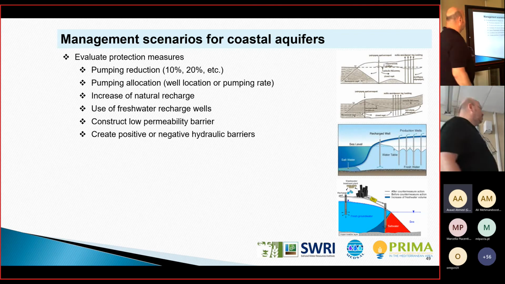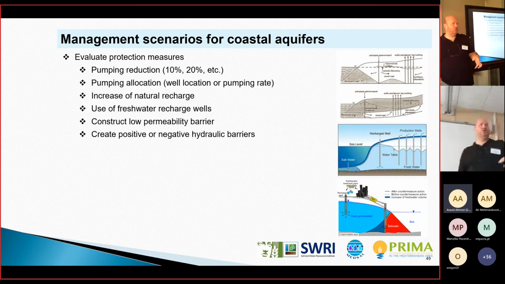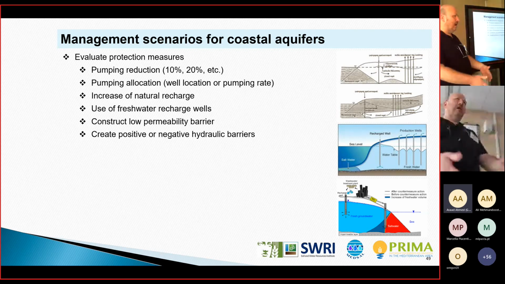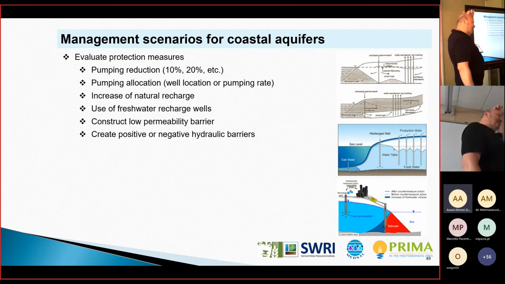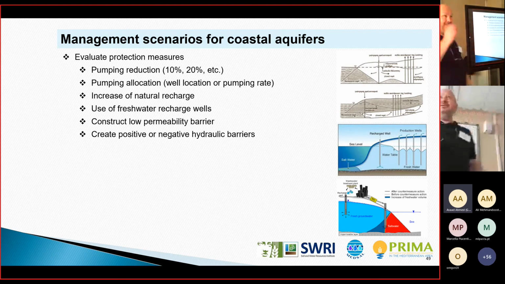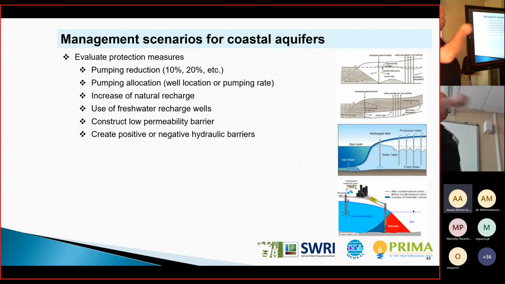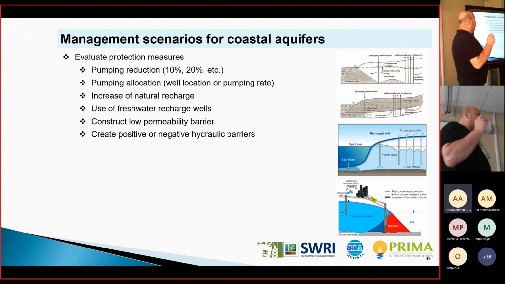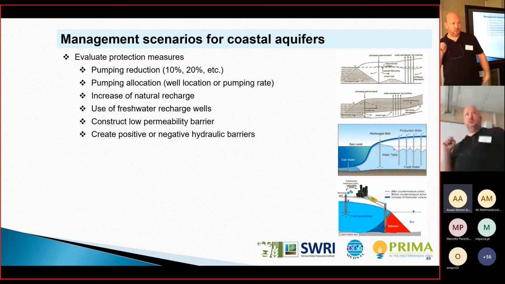In some cases, a lower permeability barrier could be constructed to block the seawater underground with concrete boreholes, but this could be efficient only in an aquifer with a small extent, obviously. We can also create positive or negative hydraulic barriers. By positive hydraulic barriers, we mean injecting fresh water close to the coastline in some boreholes, or abstracting seawater close to the coastline, that's the negative hydraulic barrier.